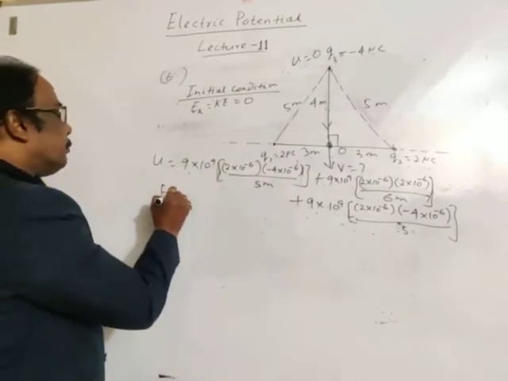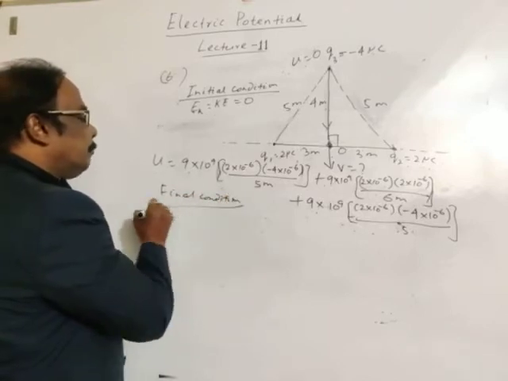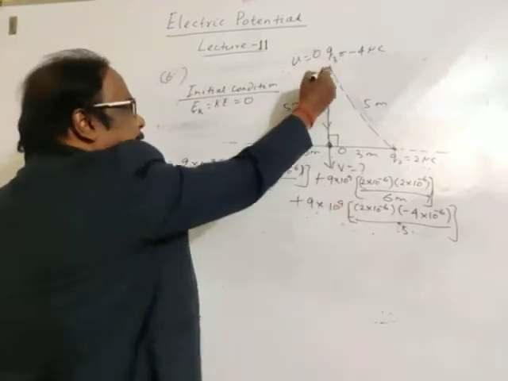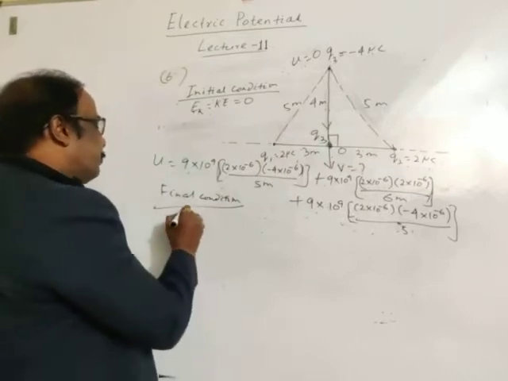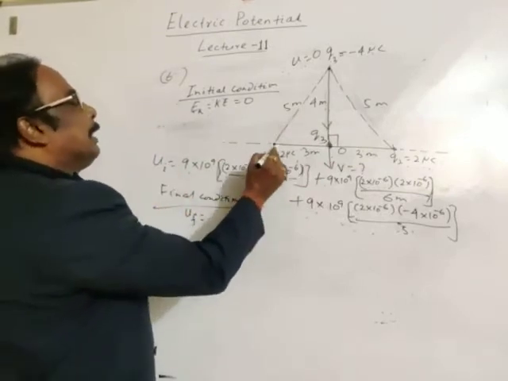Then the final condition, when the charge reaches the origin. When Q3 reaches the origin, what is the potential energy? This was the initial potential energy; now the final potential energy.